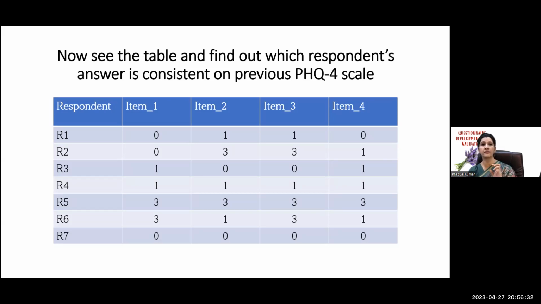Okay, so there's item 1, item 2, item 3, and item 4. Respondent 1 has given the scores 0, 1, 1, and 0. Then respondent 2, you can see respondents 3, 4, 5, 6, and 7. So please type in the chat box. 4 and 5, they were consistent.